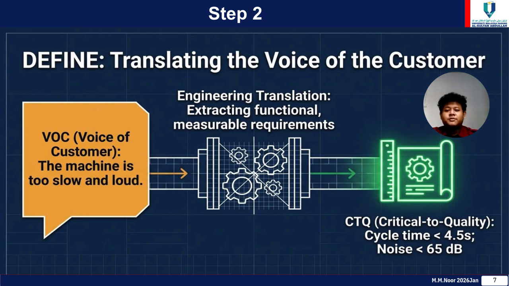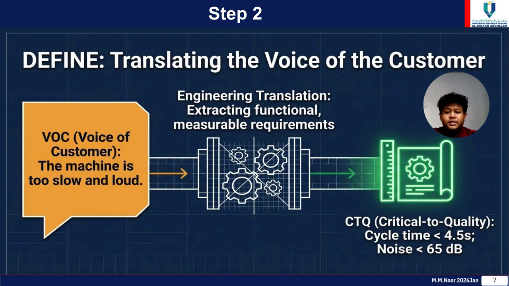Step 2 in the define phase is translating the voice of the customer, or VOC, into engineering terms. Customers rarely speak in technical specifications. A customer or line operator might give a subjective statement like, the machine is too slow and loud. As engineers, we cannot optimize a vague statement.